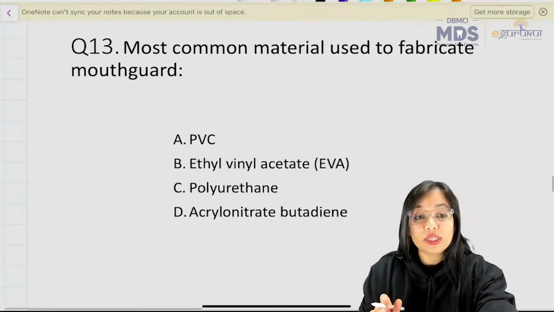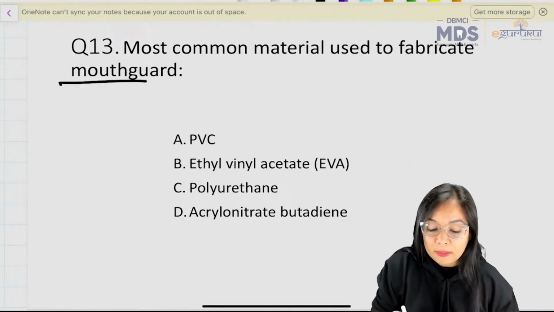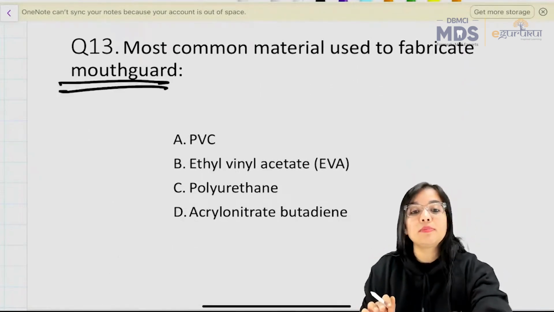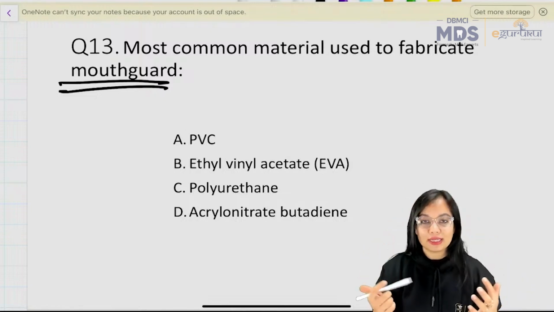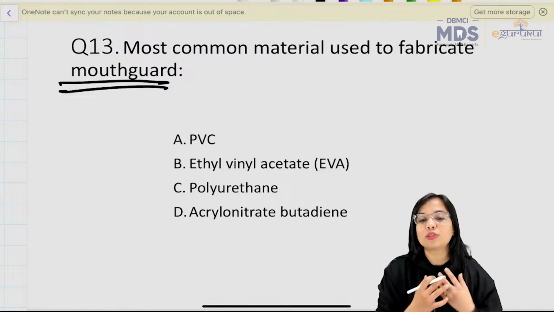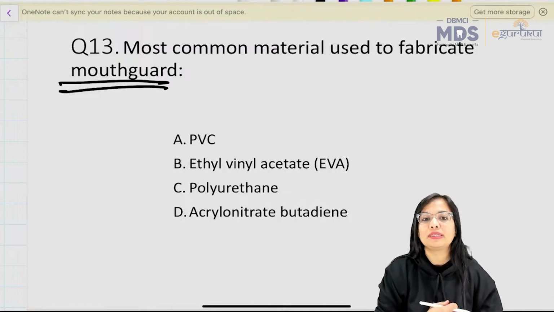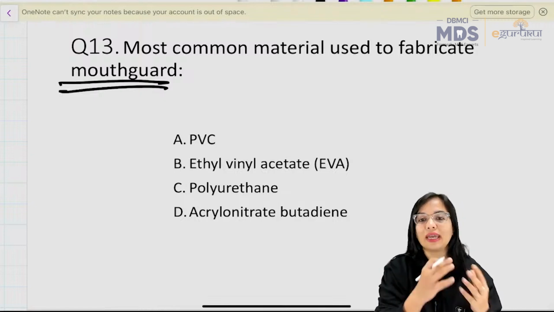The next question here is the most common material used to fabricate a mouth guard. I hope you all know what a mouth guard is. A mouth guard is basically an appliance that is worn by children either to prevent sports injuries, like children who are practicing boxing, karate, taekwondo, stuff like that, or skating and all.